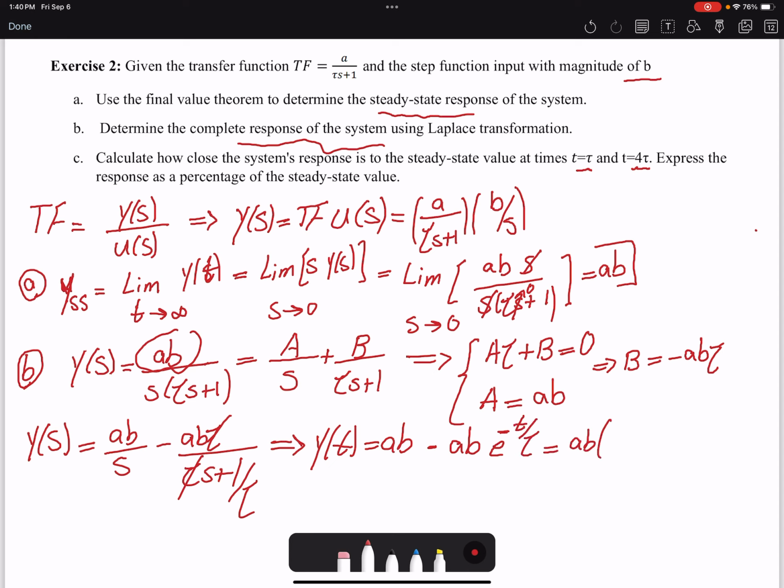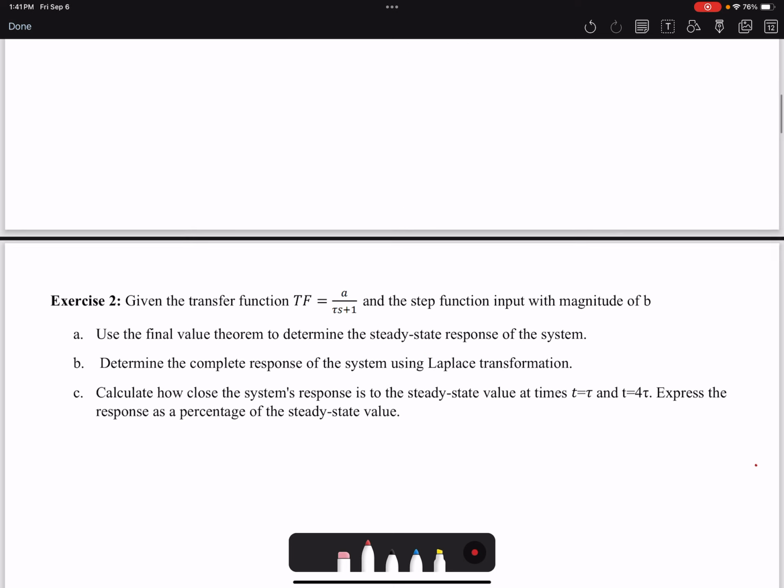Or if I factor ab, it would be 1 minus e to the minus t over tau. That's the response of our system. And if you want to check it, if t goes to infinity, you would find out that the second term would go away, and then we only have ab, which is a correct conclusion.